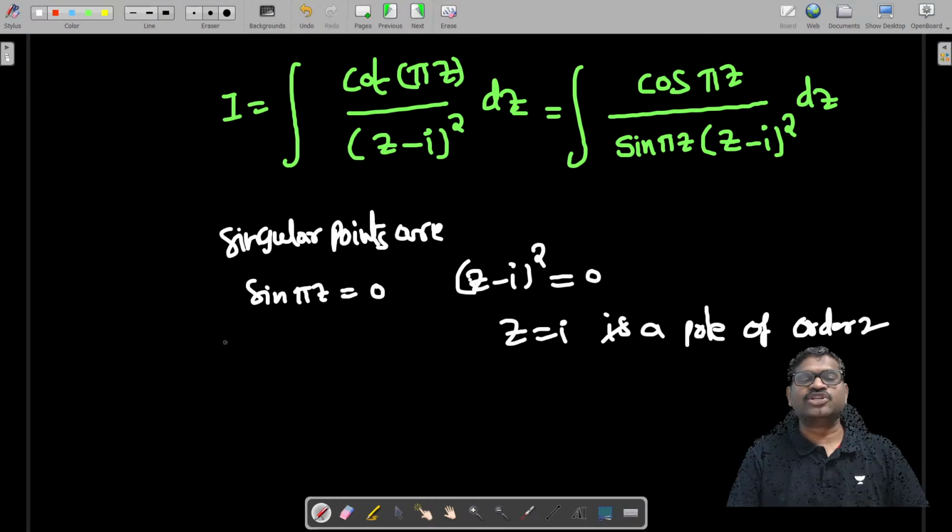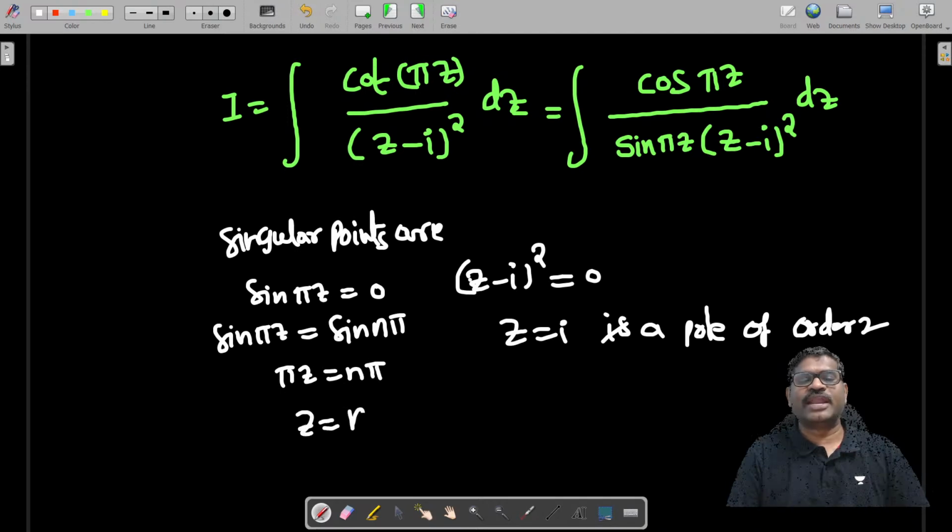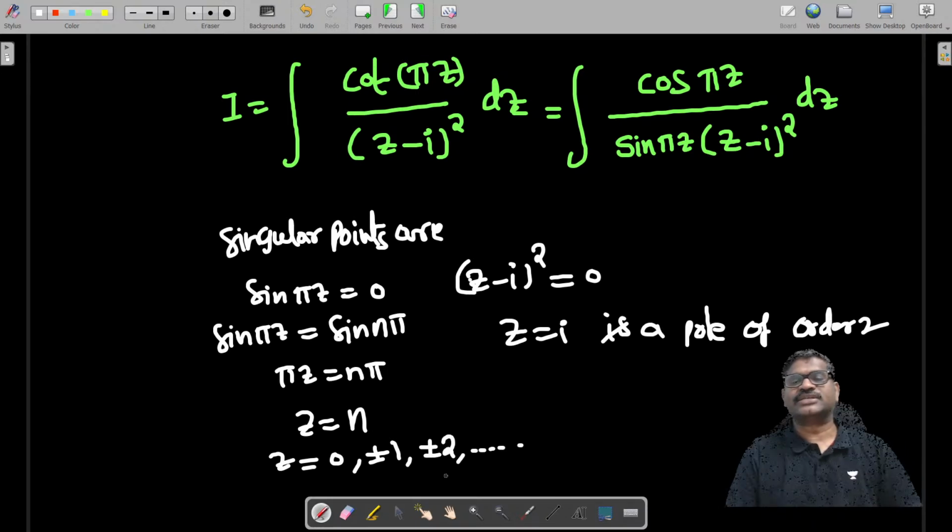Sin pi z equal to 0 means sin pi z equals sin n pi, pi z equals n pi, z equals n. So z equals 0, plus or minus 1, plus or minus 2, like that.